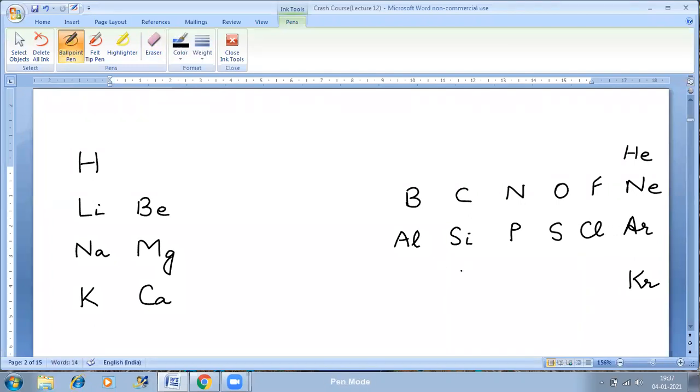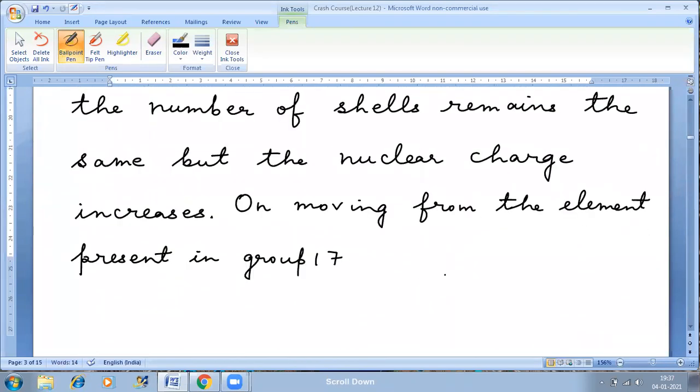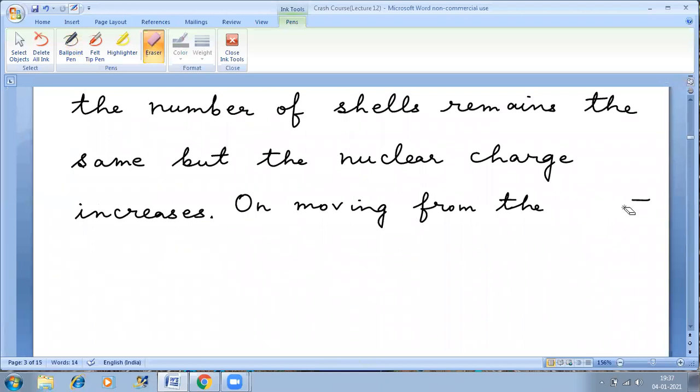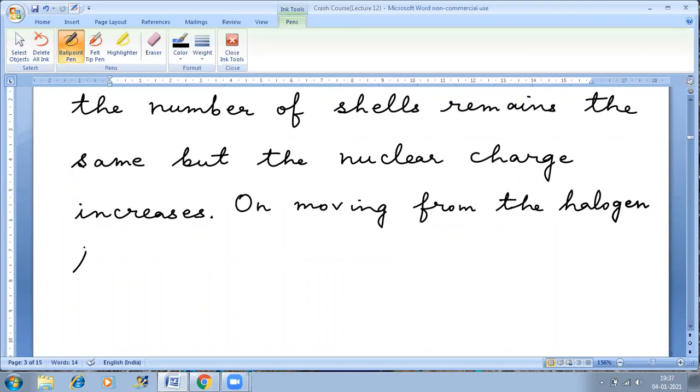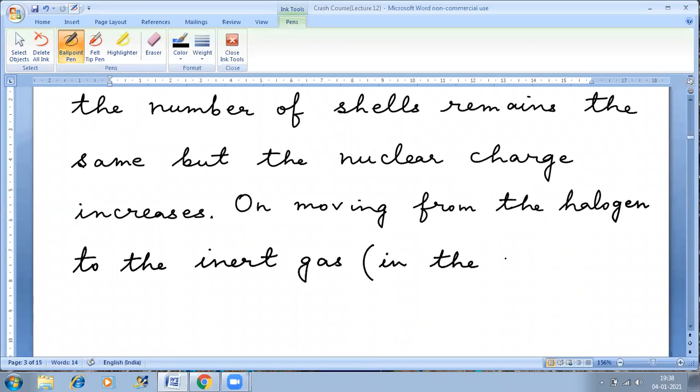So I can say that on moving from the halogen to the inert gas in the same period, the size increases.